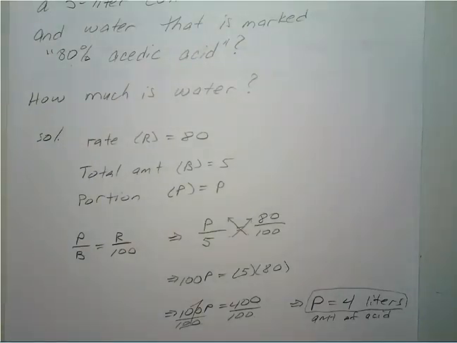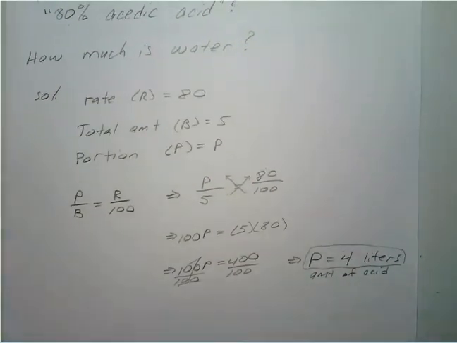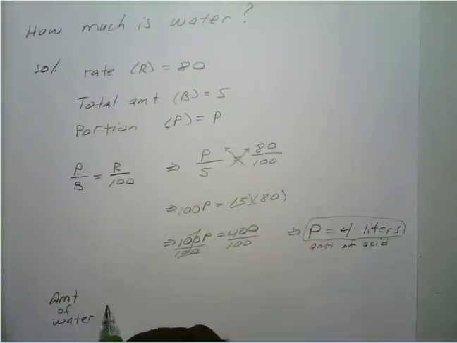Now, they also want to know how much is water. The amount of water is pretty painless to figure out. The amount of water comes from the total amount, which is 5 liters.